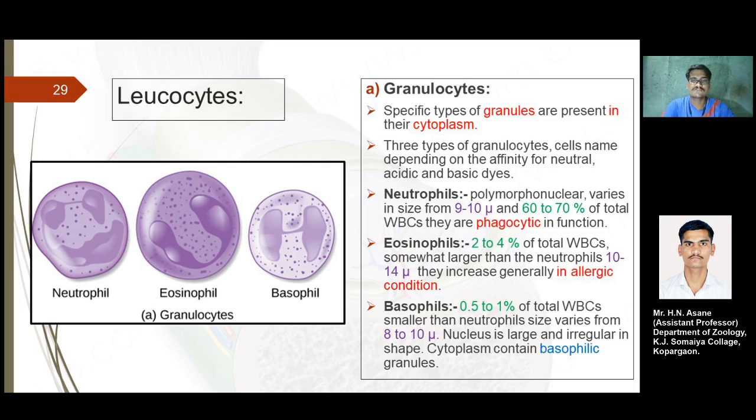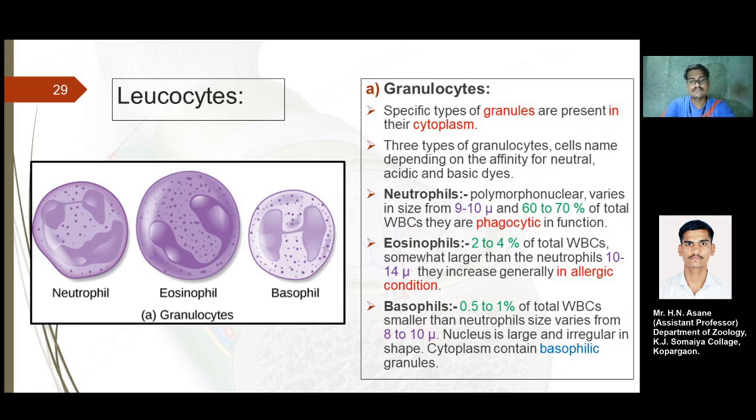Let's focus on the basophils: 0.5 to 1% of total WBC, smaller than the neutrophil, size varies from 8 to 10 micron, and the nucleus is large and irregular in shape, and the cytoplasm contains basophilic granules, as we say. That's why it is known as the basophilic leukocyte.